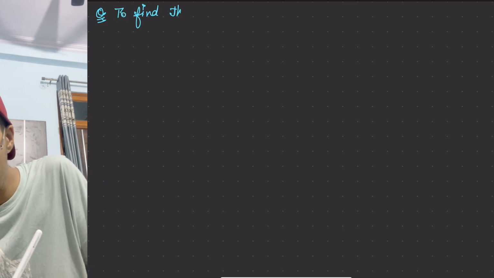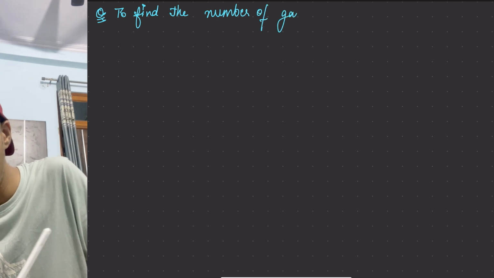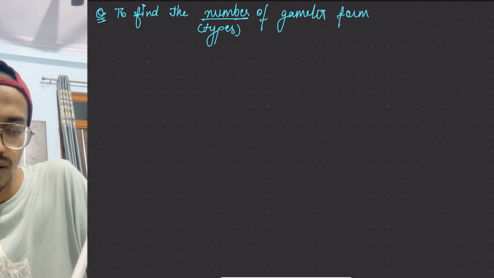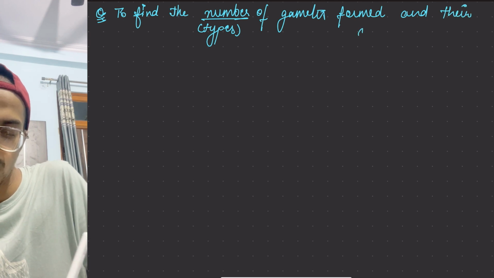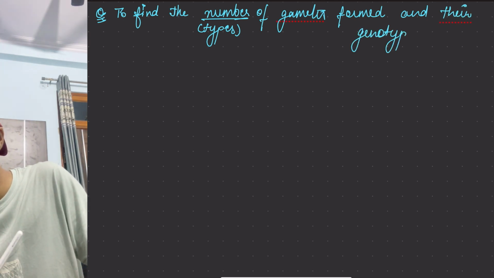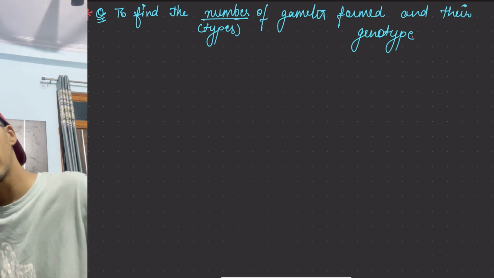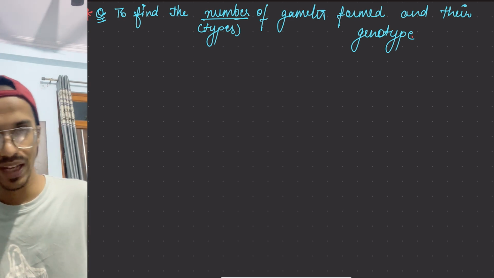That is to find the number of gametes, means types of gamete formed and their genotype. So this becomes an important question. Okay, this we have to do. So let's tackle the first question. The first question is how many types of gametes will form.